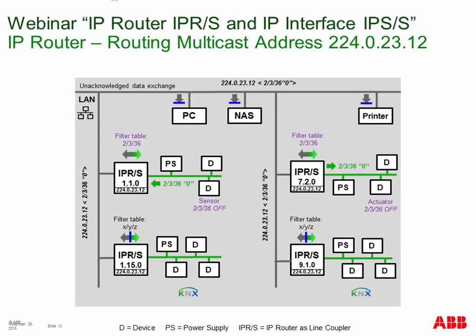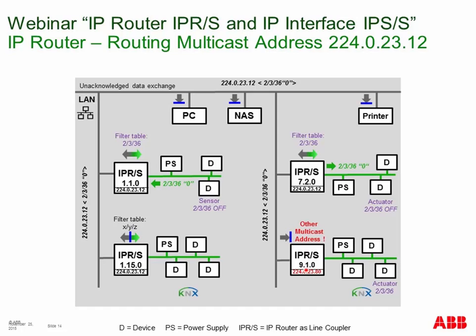If you want, you can do the following. You can change a multicast address also in an IP router. Here an example, IP router still existing but with a different multicast address, 80. What happens with the telegram? Though you have here an actuator which needs this telegram, 2336, the telegram will be received here, but with a different multicast address, 12, the IP router will block this on the IP side already.